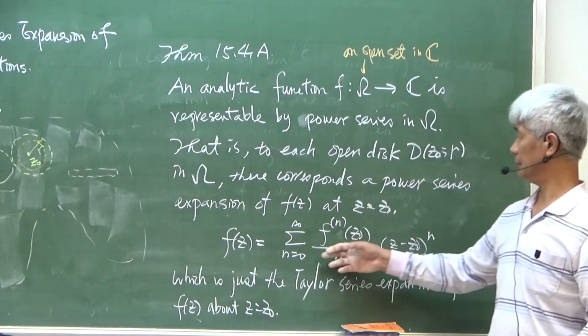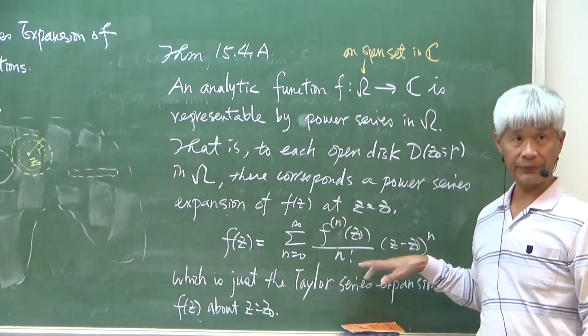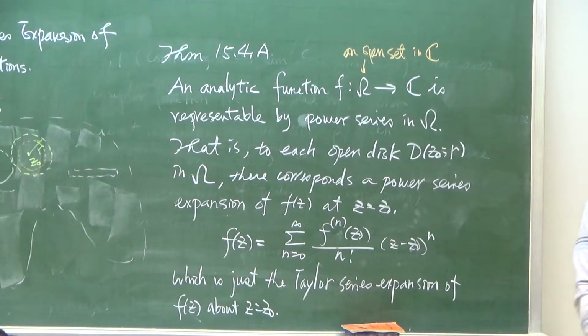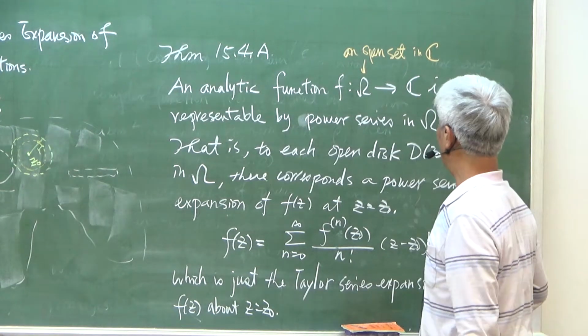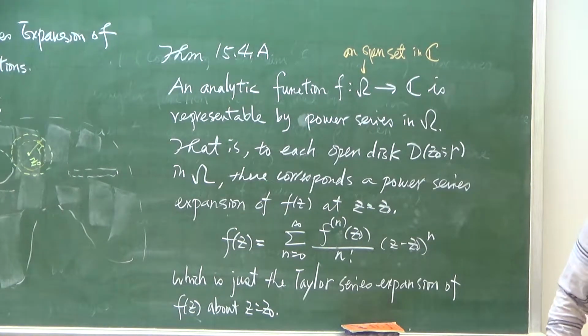Okay, for any such power series, you have to prove that. And so you need the Cauchy's integral formula to show that. Right. So this is the property you have.